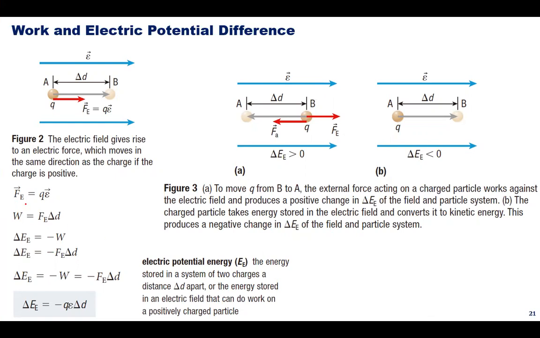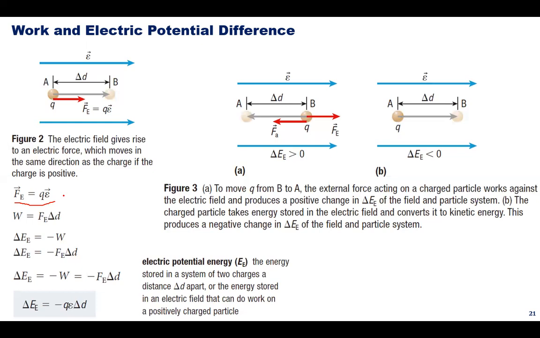Fe equals Q, the electric charge, times the electric field, epsilon. The force is parallel to epsilon, which is shown here in figure 2. So suppose this charge moves a certain distance, delta D, starting at point A and ending at point B. For simplicity, assume this displacement is parallel to the electric force Fe.